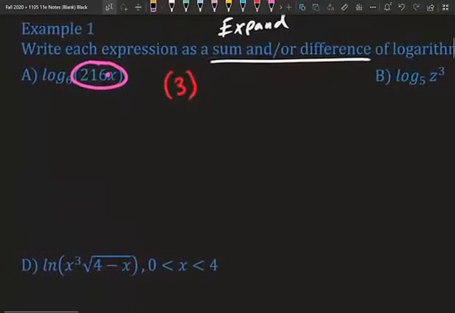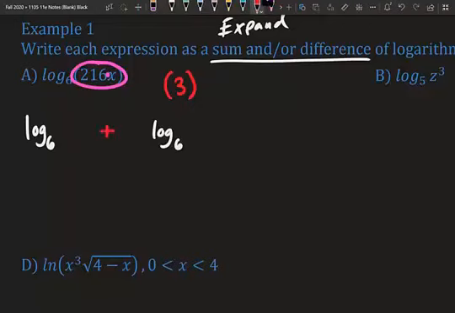So I'm going to write log twice because that's how many pieces I have in my argument. I have 2 pieces in my argument, 216 and x. Since I'm using property 3, I'm going to put them together with an addition symbol, and we put them in order. So 216 goes first, and then x goes second. So our answer is log base 6 of 216 plus log base 6 of x. And we did that using property 3.